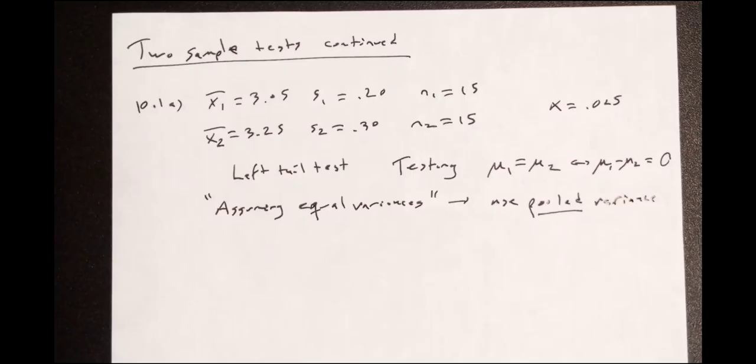Whenever I see the phrase assuming equal variances, I'm going to use a pooled setup.